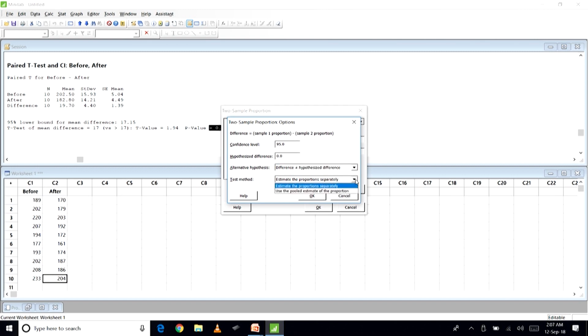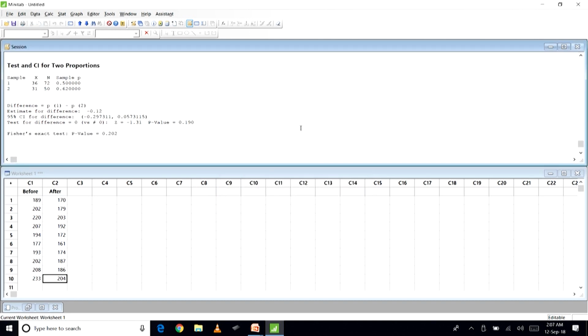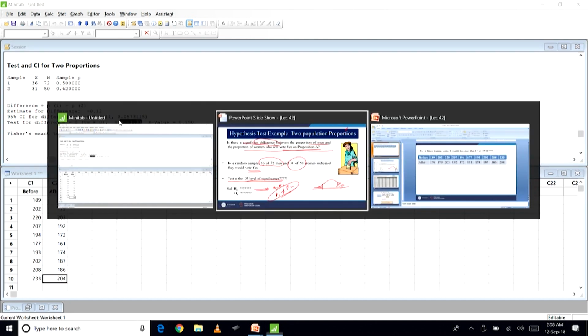No, we do not want to use that, we want to use the pooled estimate of the proportion, right. Then click OK, again click OK. So, P value is 0.190, okay. Z value is minus 1.31, let us check.